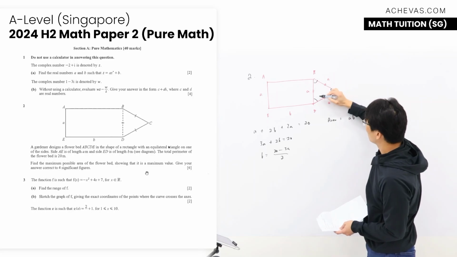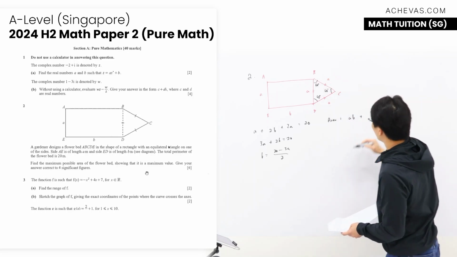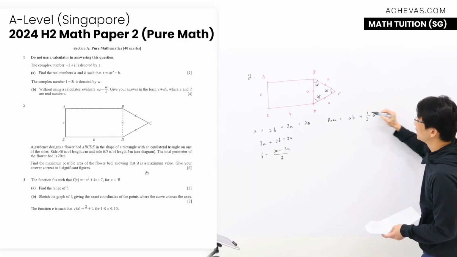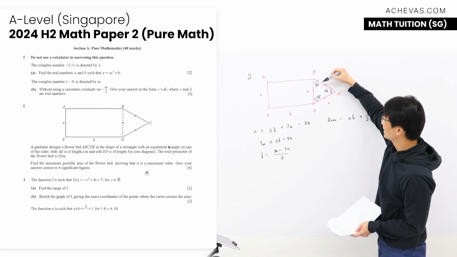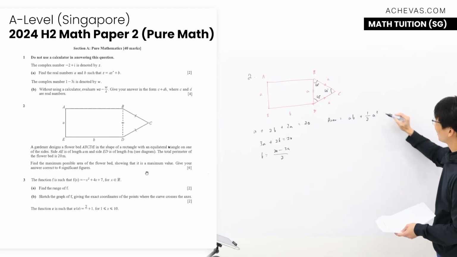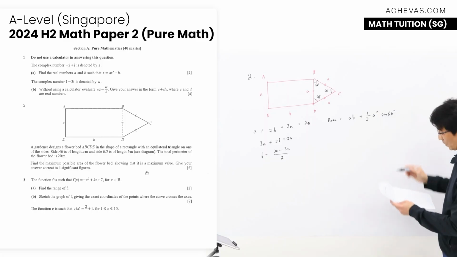I will know that all these angles will be 60 degrees. Using half AB sine C, I will get half A times A because both of the lengths of the equilateral triangle are the same. So I'm going to have half A squared sine 60 degrees.